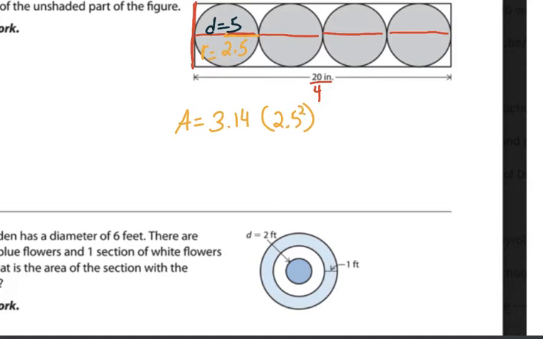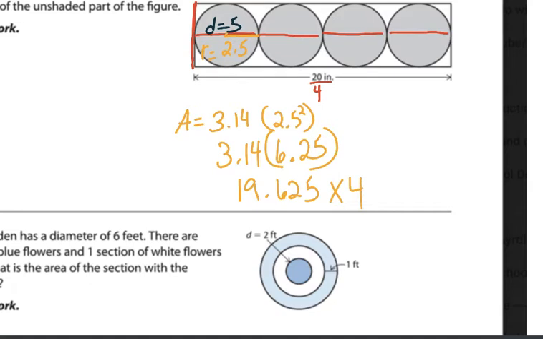When I square 2.5, I would say 2.5 times 2.5, and that gives me 6.25. Then I multiply that by 3.14. That's going to give me the area of one circle. So 6.25 times 3.14, I got 19.625 for one gray circle.